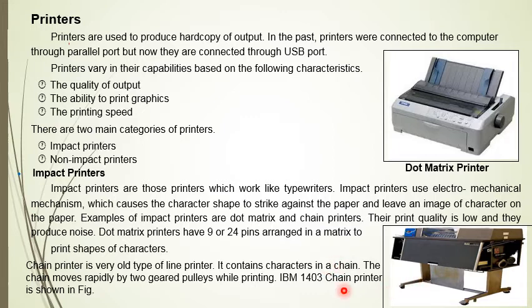The chain moves rapidly by two gears pulling pulleys with the printer. An example of that is the IBM 1403 chain printer, shown in the figure. These are basically the impact printers, meaning something strikes the page. If something hits the page, that is known as an impact printer.